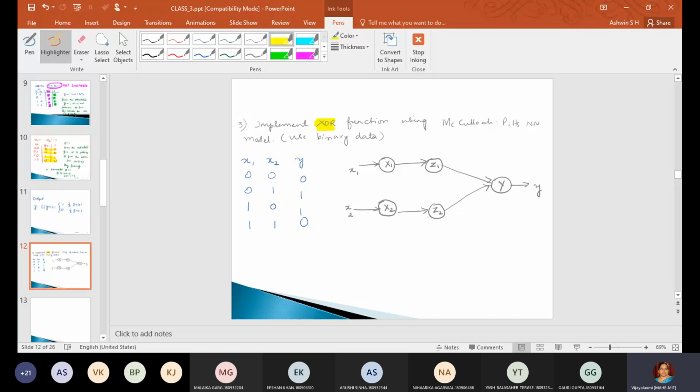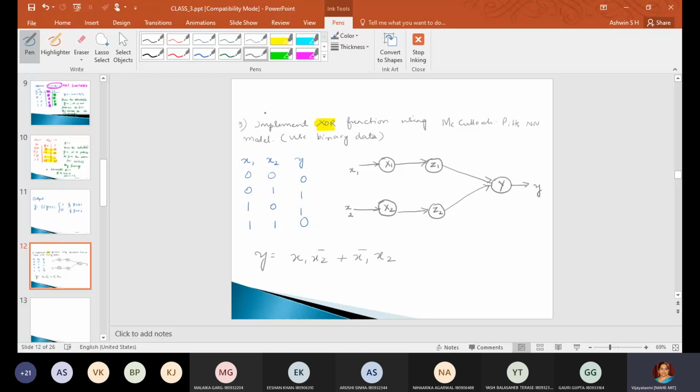It is not as simple as AND or OR gates because we know that when it comes to XOR, the output y will be x1 x2 bar plus x1 bar x2. So this is our output.